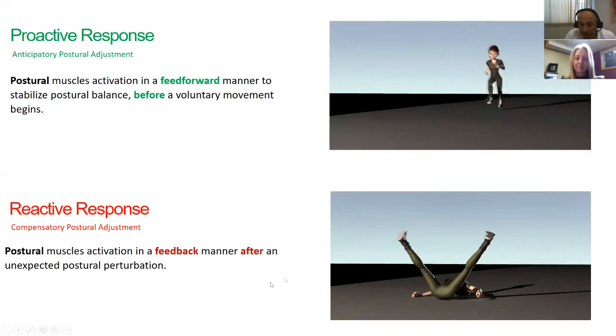Whereas with a reactive response, that sensory information is fed back. So the information about our center of mass is fed back to allow us to do a reactive response. And then, after we negotiate this unexpected challenge, all the sensory information from that negotiation is fed forward for us to carry on with the initial task.